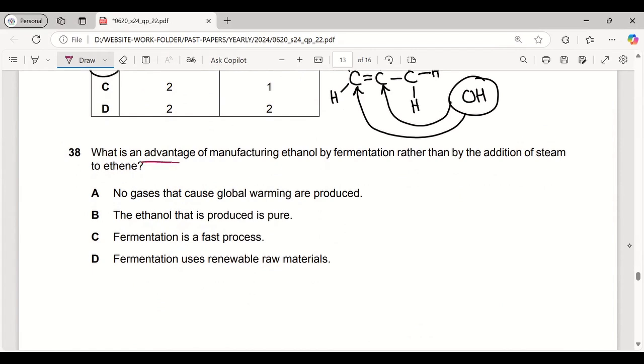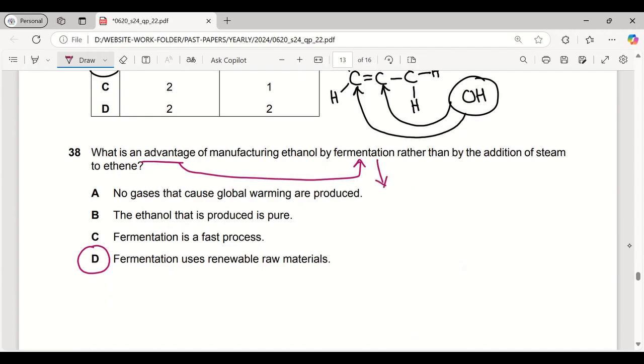What is an advantage of manufacturing ethanol by fermentation rather than by the addition of steam to ethene? Now the advantage of manufacturing ethanol by fermentation is that fermentation uses renewable materials.